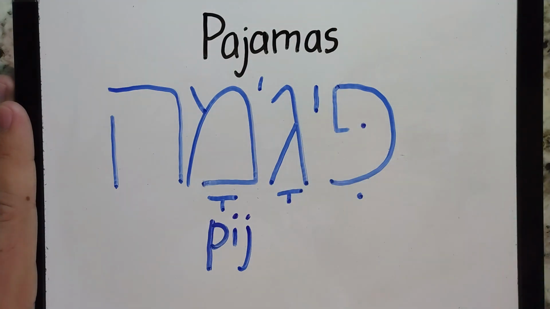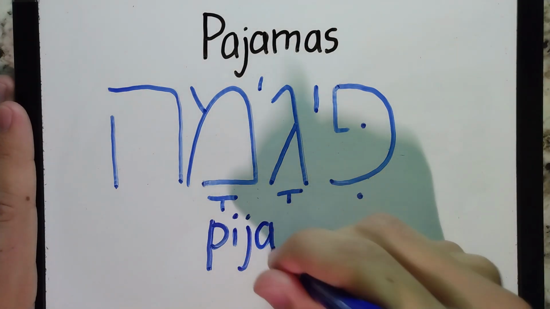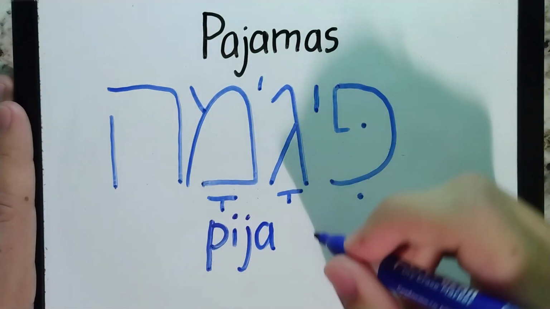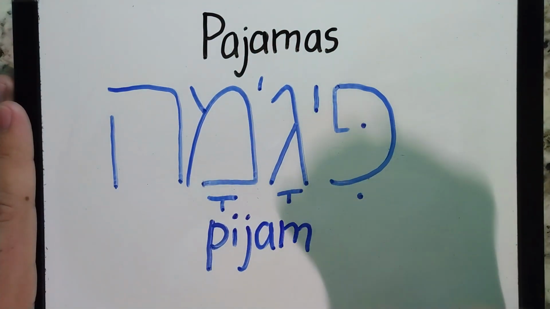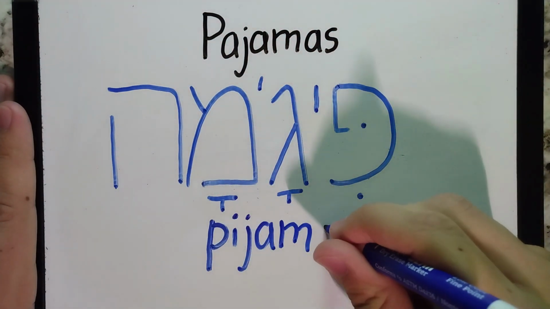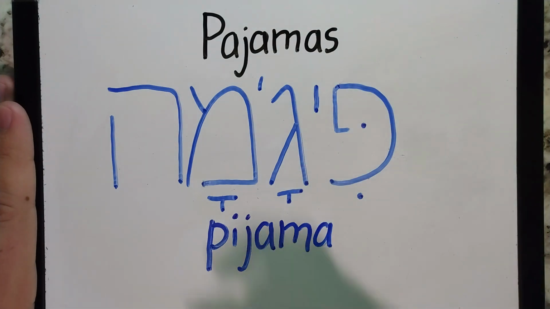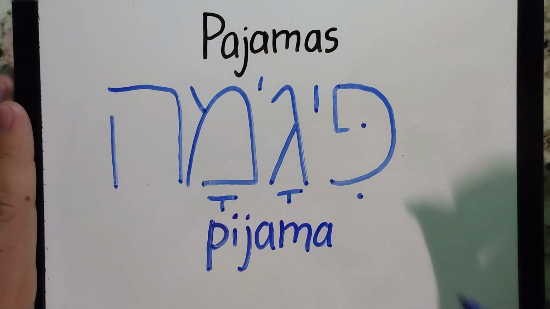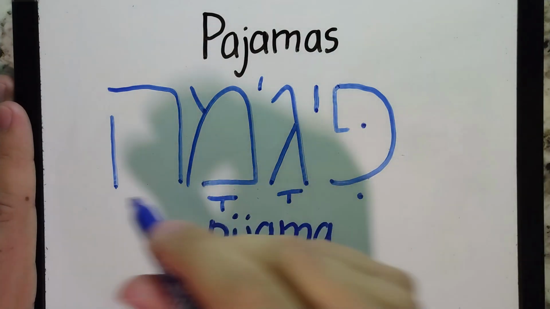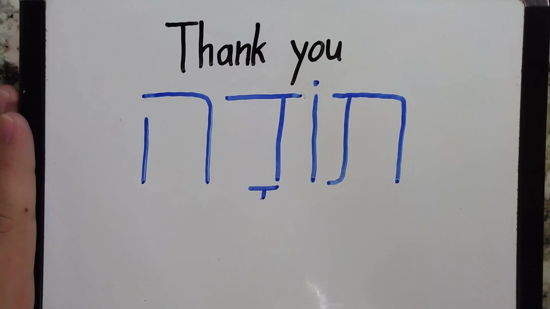Under that is a kamatz, which says ah, a letter mem, which says m, under the mem is a kamatz, which says ah, and the word ends with a silent hey to show that the word ends with a vowel sound. Pijama, pajamas.